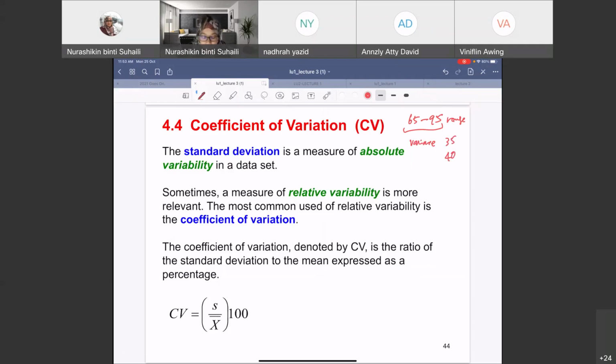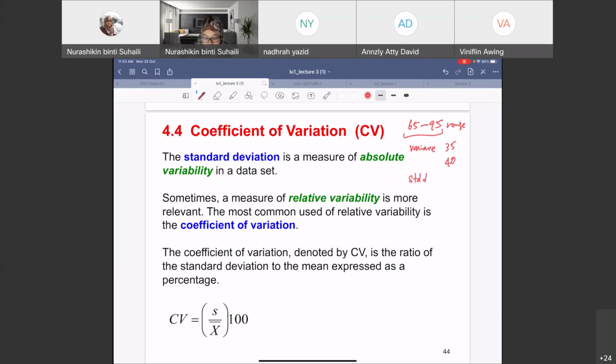For variance, we have to compare the values, like 35 and 40. With 40, it means that the dispersion is more. Okay, and the same thing goes for standard deviation. Whenever you have standard deviation, you have to compare it with another value.